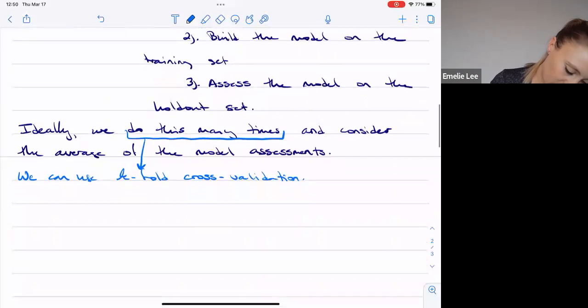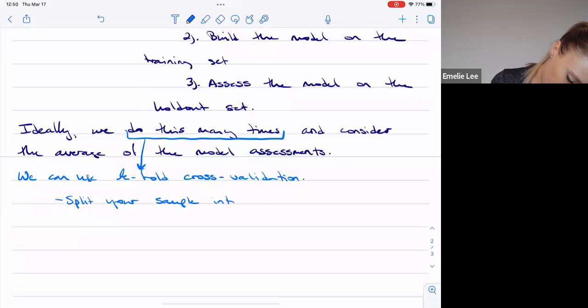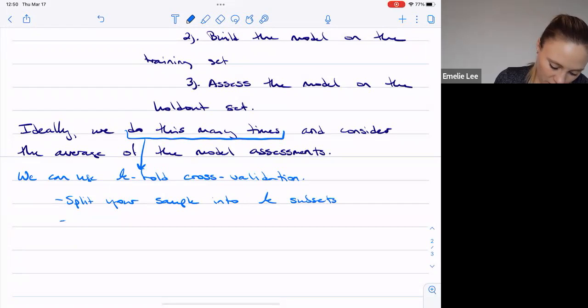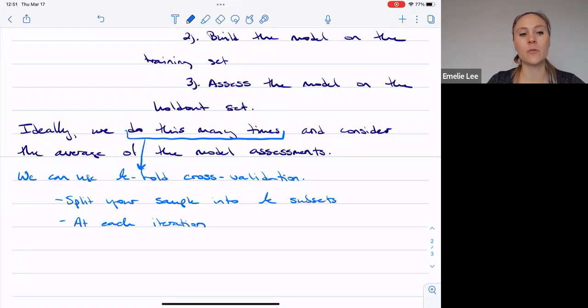Okay. And so you split your sample into k subsets. And of course you randomly split your sample into k subsets, right?